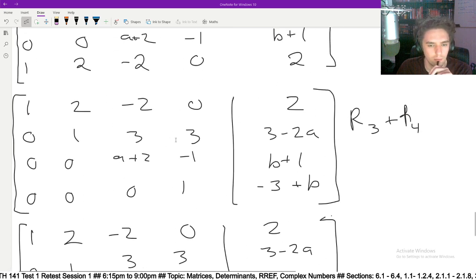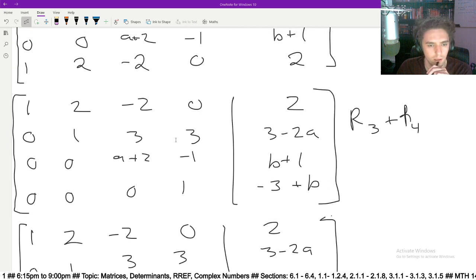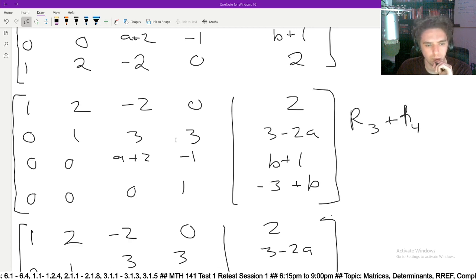If you want one solution, all it has to be is a cannot equal negative 2. Because if a doesn't equal negative 2, then there's all leading ones, so there'll be one solution. If you want no solution or infinite solutions, you have to first make a equal to negative 2. So that becomes 0. And then you can add row 3 onto row 4.